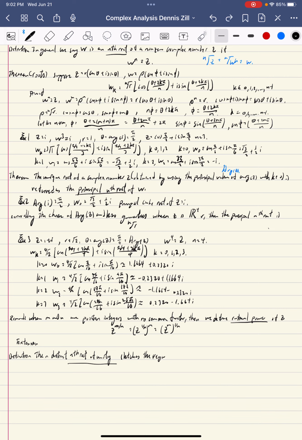That is very funny. I just realized. Right. The nth roots of unity are the solutions of the equation w^n is equal to 1, right?